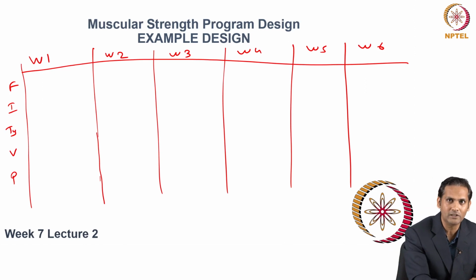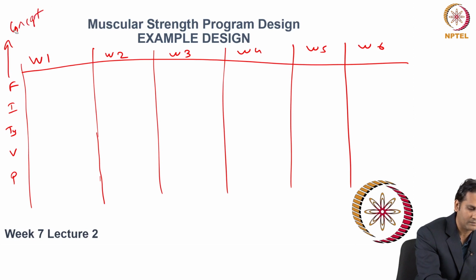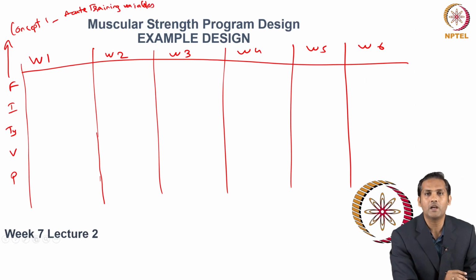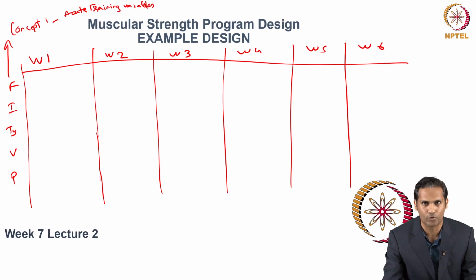The first concept I have used here is acute training variables. These variables help me to describe my 6 weeks of program.